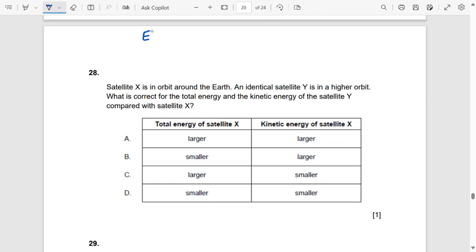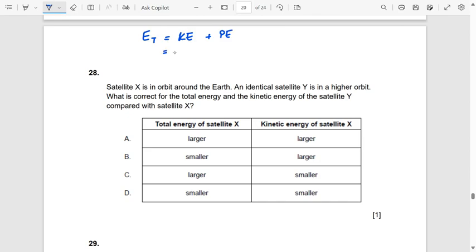So, if you have a satellite in a circular orbit, we're going to assume, just to make it nice, the total energy equals the kinetic energy plus the potential energy.